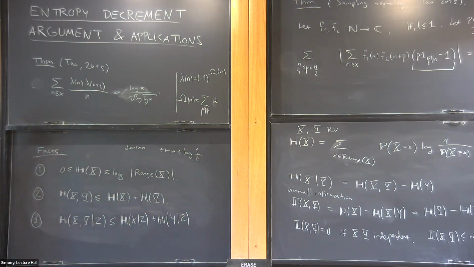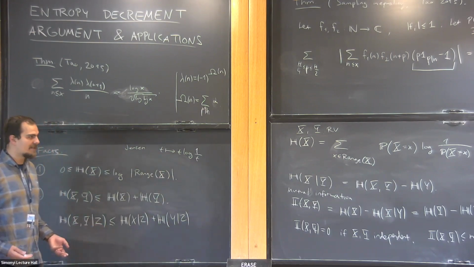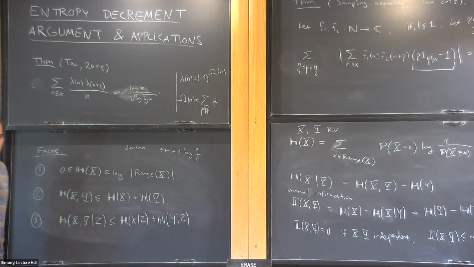So t log 1 over t, you apply Jensen's inequality to that. And what comes out of that application is exactly this bound for the entropy. And the others are also proved using Jensen's inequality.